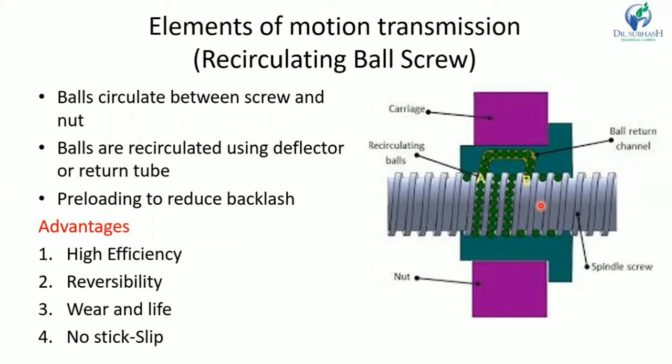axis drive. The principle of working of the stepper motor is that on receiving a signal, that is the pulse from the control unit, the motor spindle will rotate through a specific angle called the step.